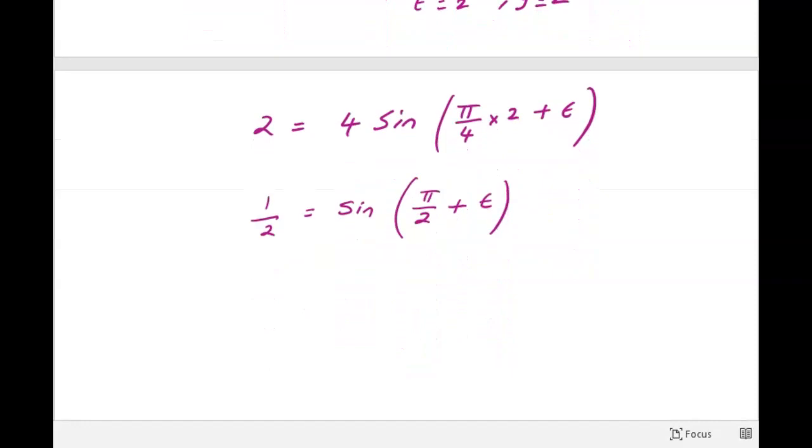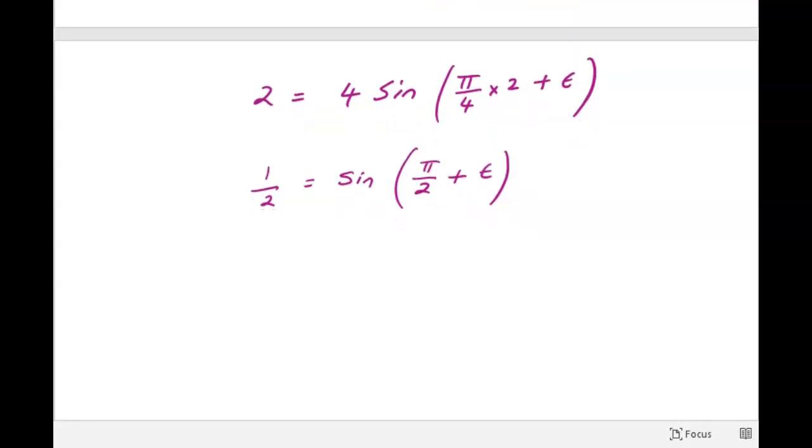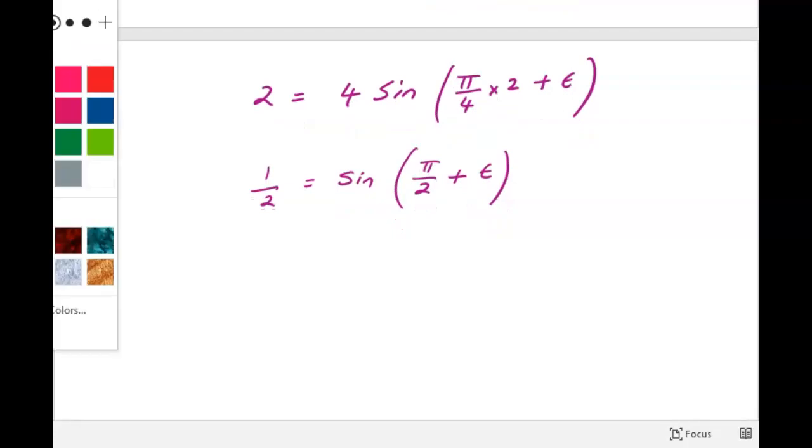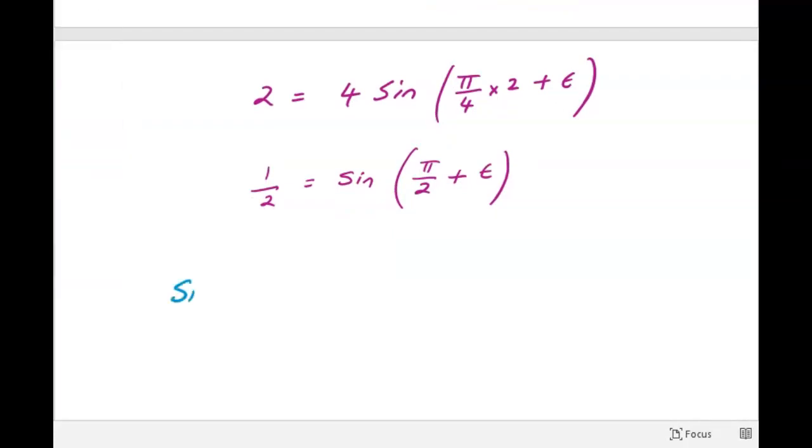Now that's going to be testing your knowledge of complementary angles. When we talked about complementary relationships in one of our previous lessons, that's going to be really important in this scenario. For sine of pi on 2 plus e, pi on 2 plus e takes us into the second quadrant, and in the second quadrant we are well aware that the sine value is positive.